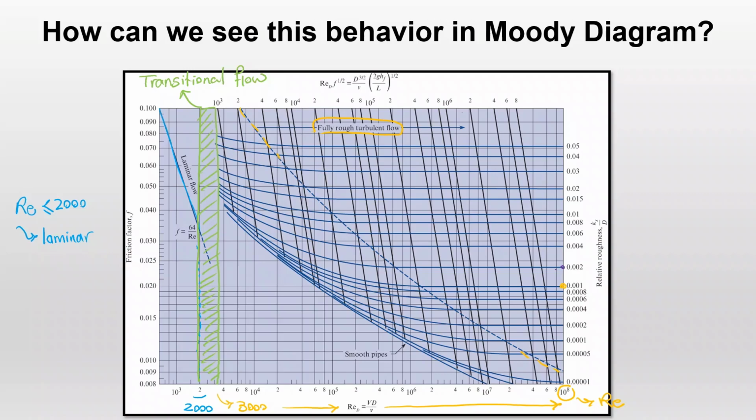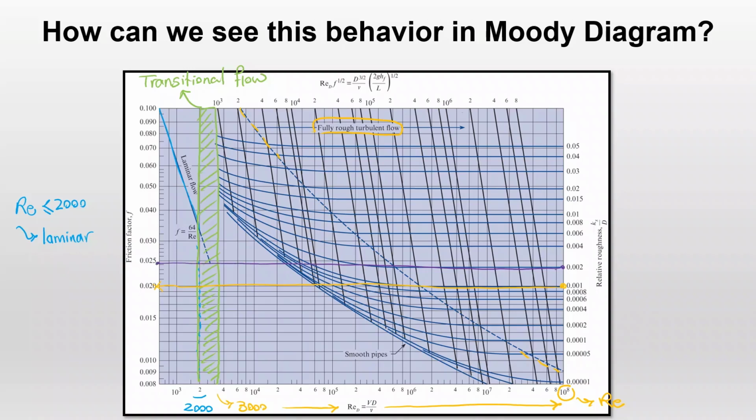So now, if I want to find the friction factor for these 2 points, I just need to go in this direction to the y-axis and then go in this direction again.